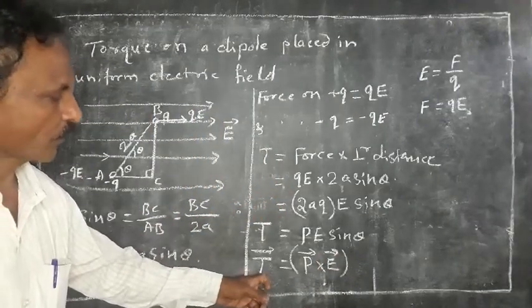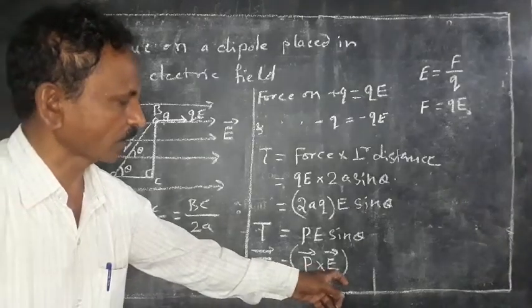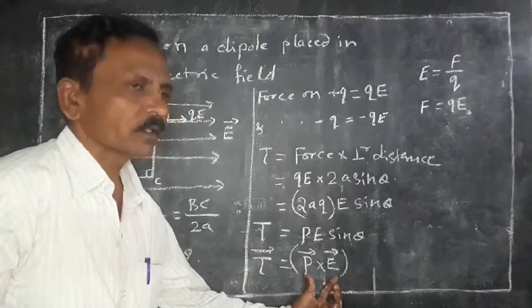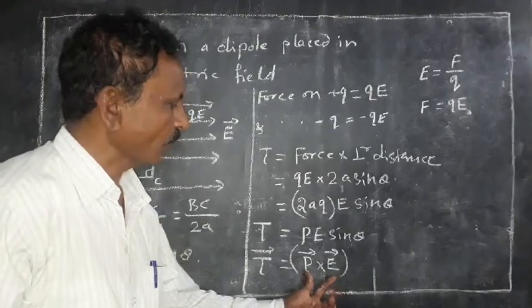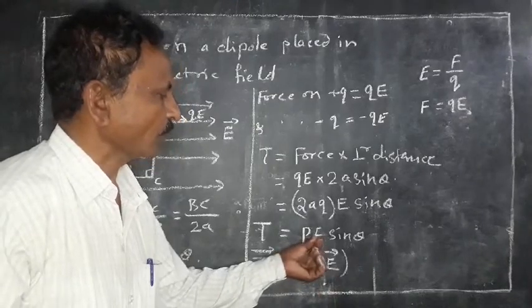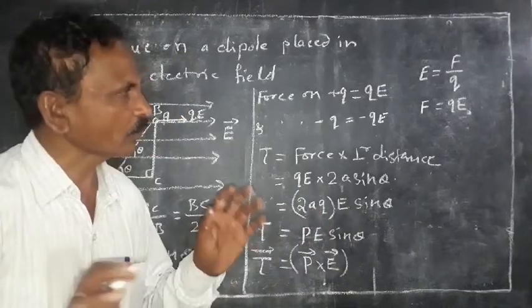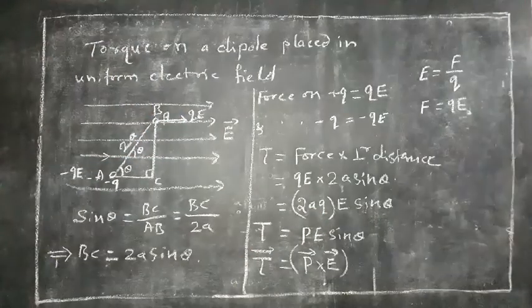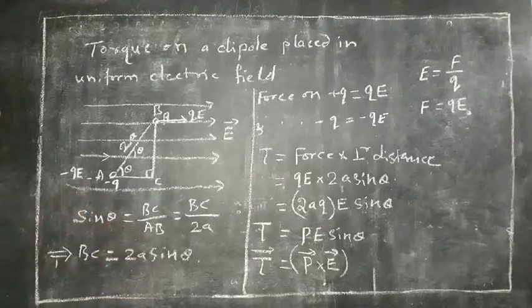This is the vector product, and a vector product is defined as the product of the magnitudes of two vectors and the sine of the angle between them. And one question arises: when is torque maximum, and when is torque minimum?